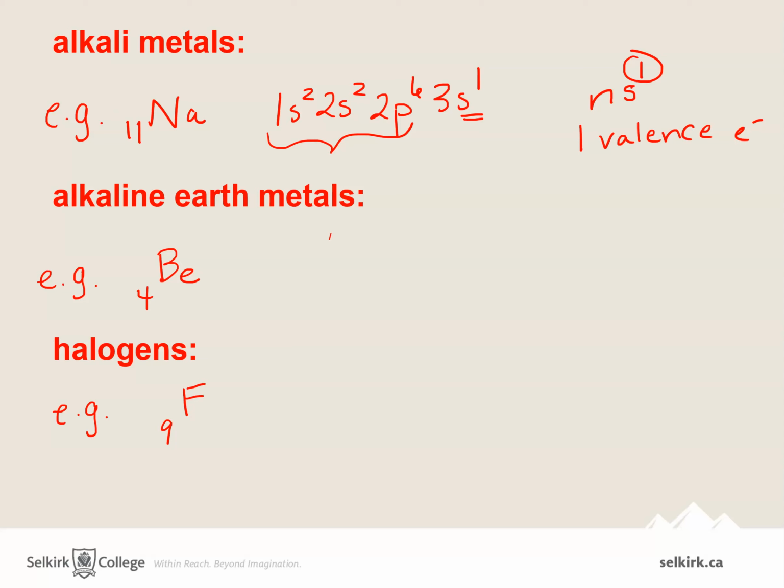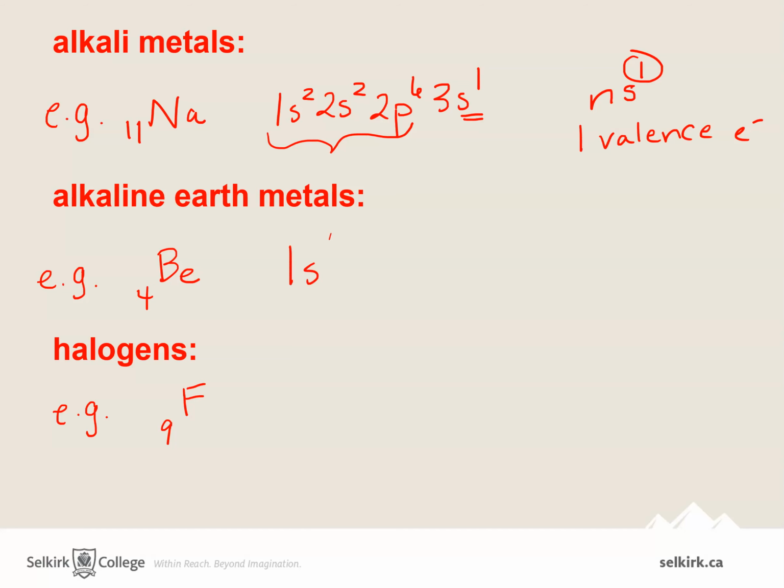Now, what charge does an alkali metal make? +1. It wants to lose 1 electron to become stable. Coincidence? I think not.